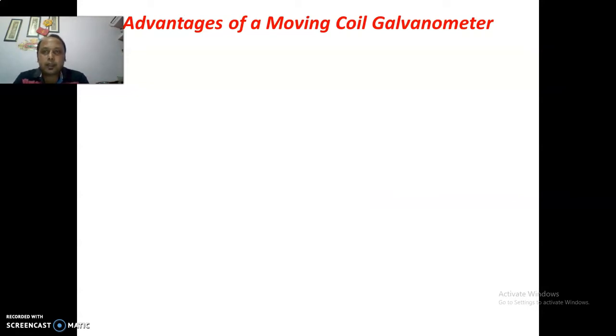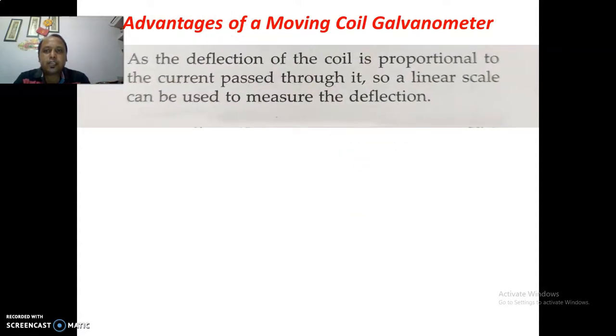Now see here, advantages of a moving coil galvanometer. So what are the advantages that we are going to discuss? The first advantage is, as the deflection of the coil is proportional to the current passed through it, a linear scale can be used to measure the deflection, which is an easy method of measuring the value of current. I hope this is clear.